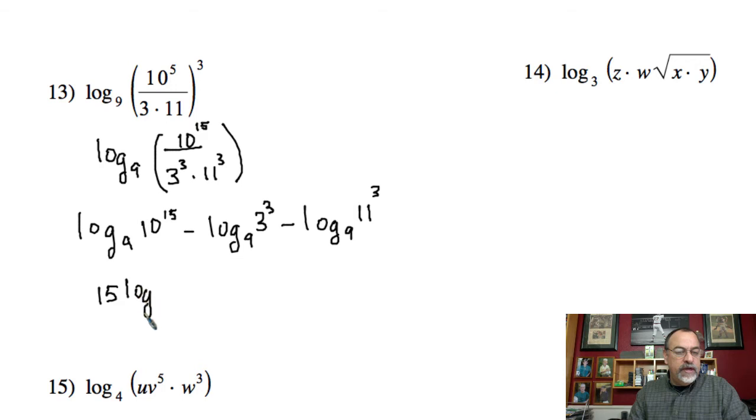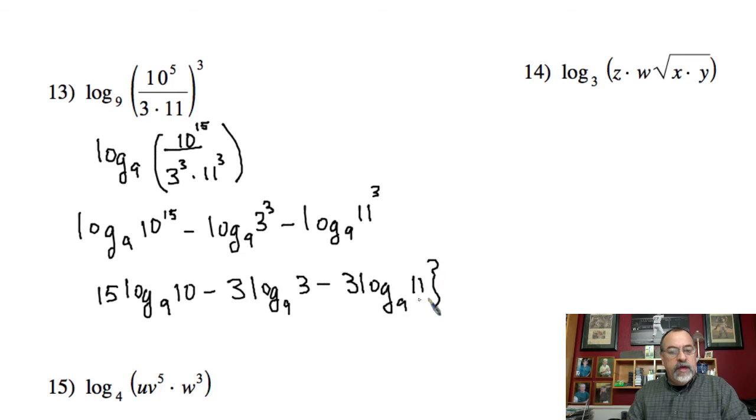So this is going to put that exponent in front, and then we can put this exponent in front, and then we can put this exponent in front, and so we have the expanded logarithm using those properties. All right, let me double check that just to make sure.